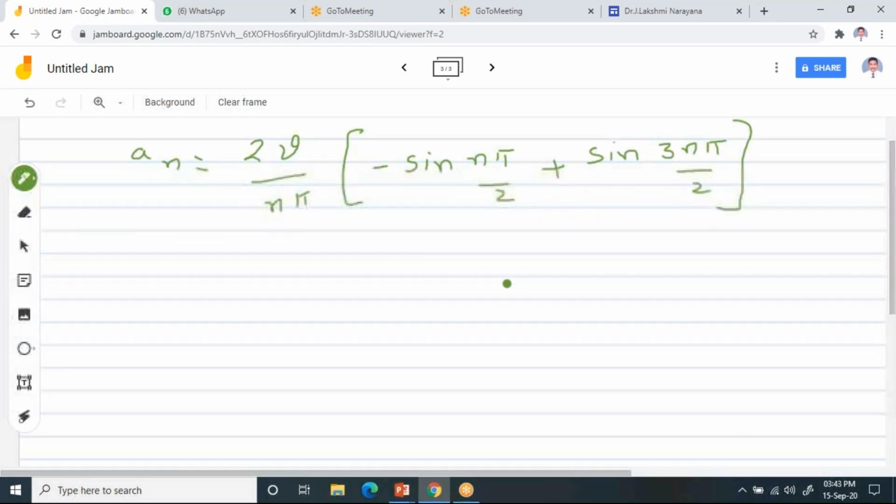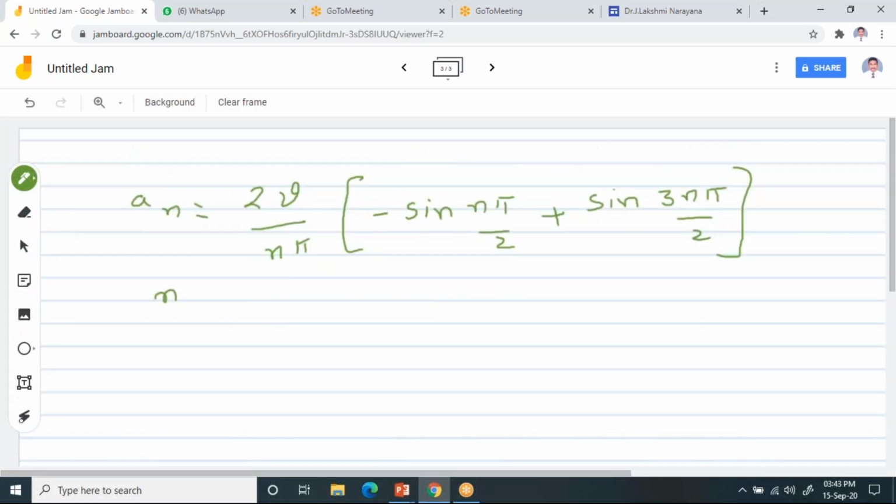If you take n equal to 1, let us see what will happen. When you substitute, you will get sine pi by 2. Then here it becomes sine 3 pi by 2. Now, tell me what is the sine pi by 2 value?